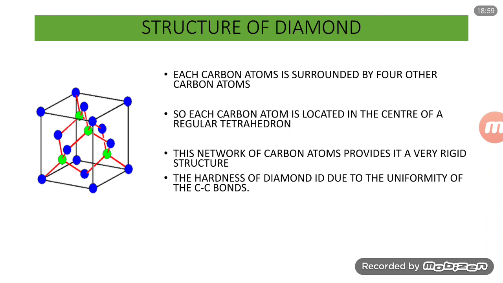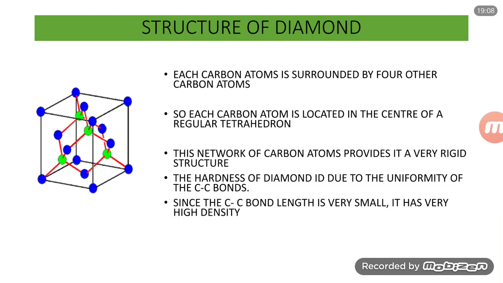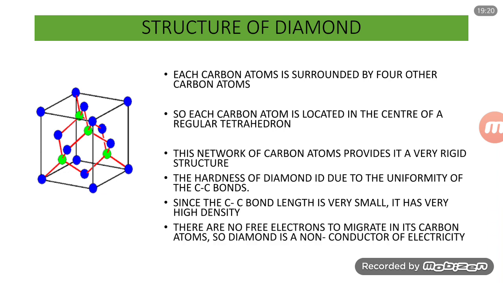The hardness of diamond is due to the uniformity of C-C bonds. C-C bond means the covalent bond between the carbon atoms. Since the C-C bond is very short, the diamond will have very high density.